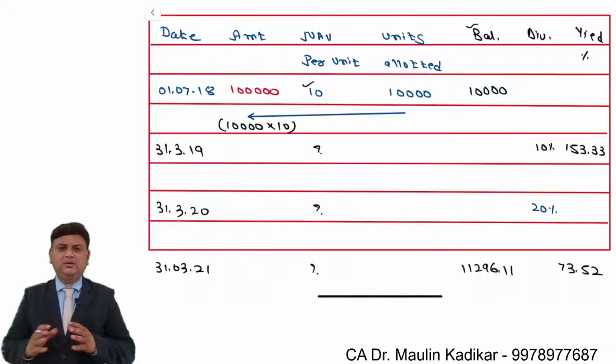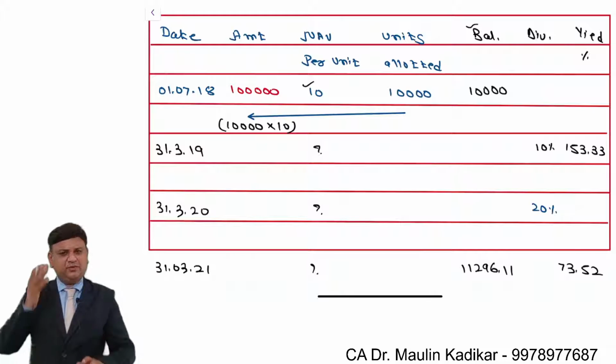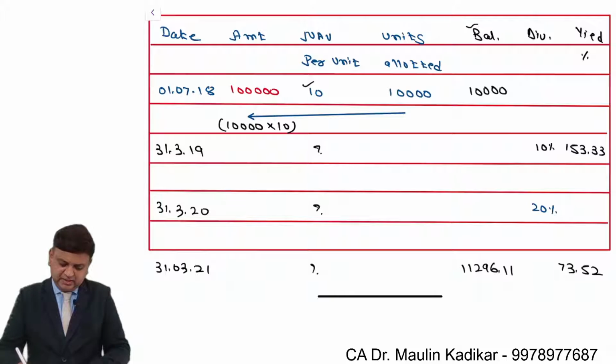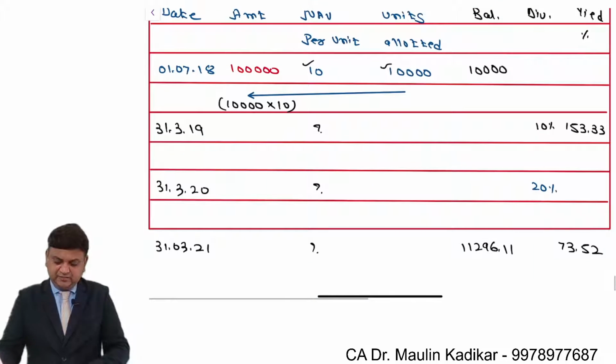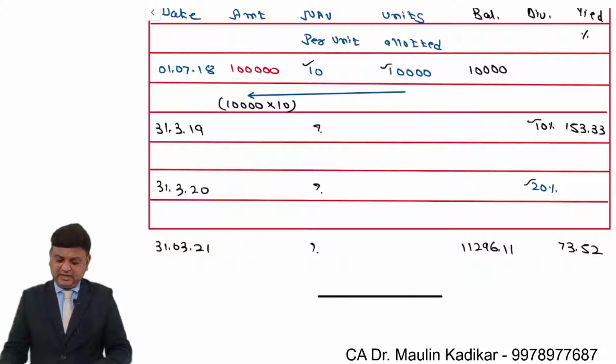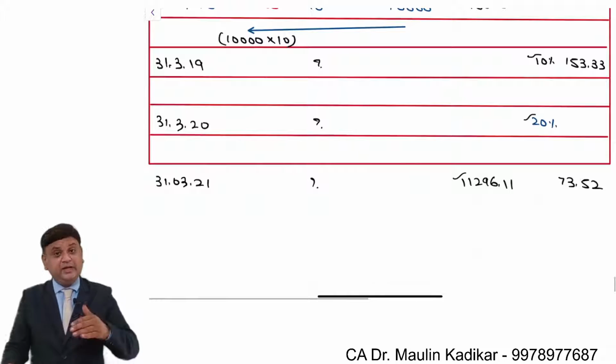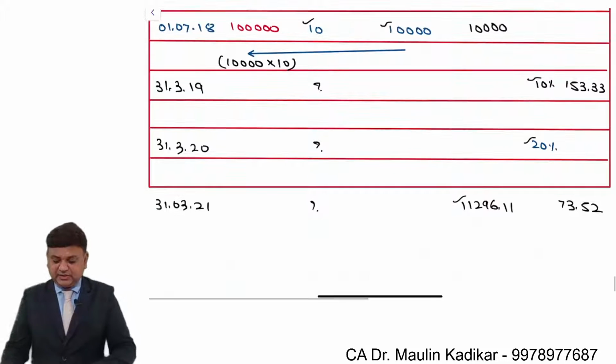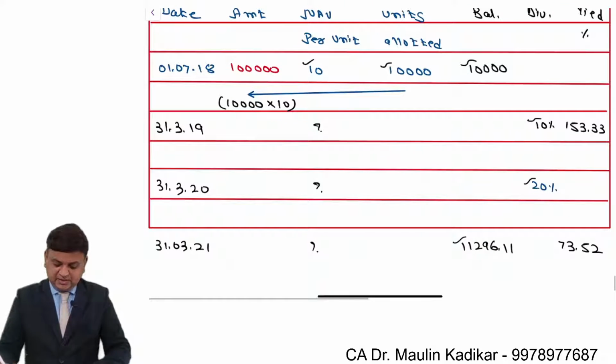That is the question. Looking at the information of the question, we can understand that initially 10,000 units were allotted. Later on, dividend was paid to the investor, again dividend, and you can see that at the time of final redemption, the number of units has increased from 10,000 to 11,296.11.